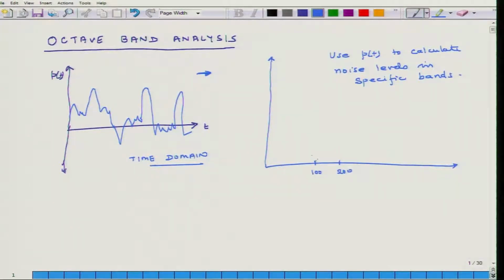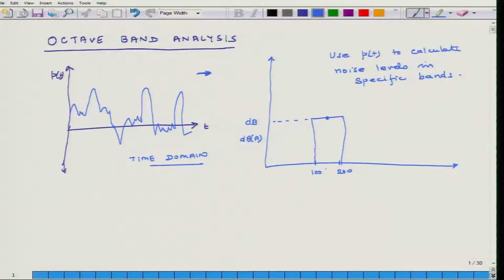Based on this pressure data you will be expected to calculate how much noise is being produced in the 100 to 200 band. That will be one number, and here the units will be either dB or it could be even dBA.